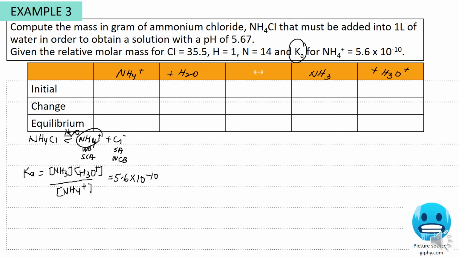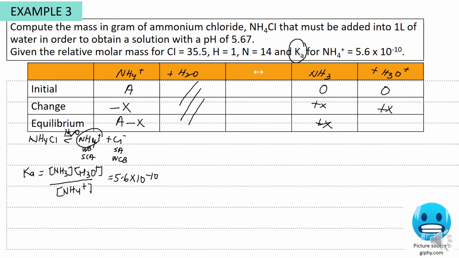You are not given the molarity or any information to calculate the molarity, so we assume the NH4 plus ion concentration as A, or any letter you want to use. H2O we cancel down. The initial values are 0, 0. Change is negative X, positive X for the products. So at equilibrium, A minus X, positive X and positive X.